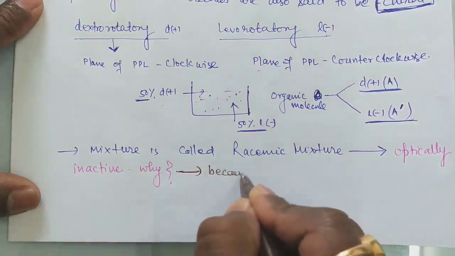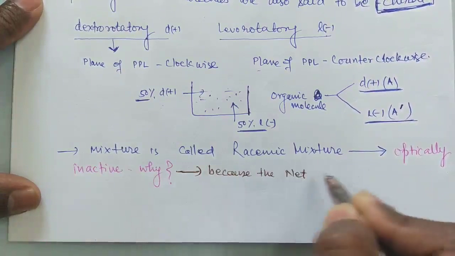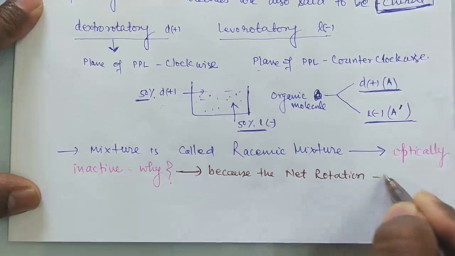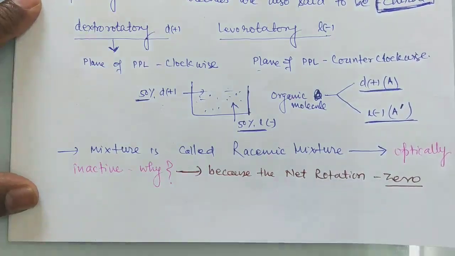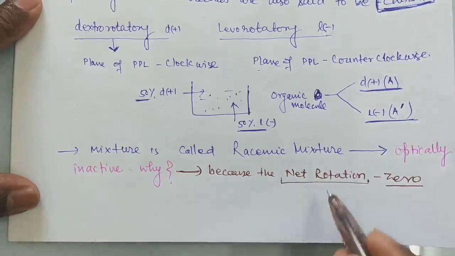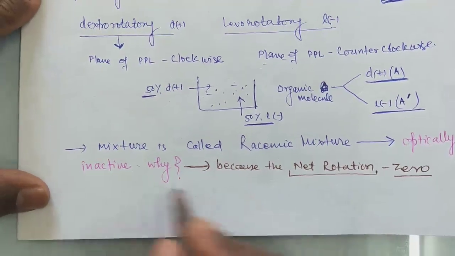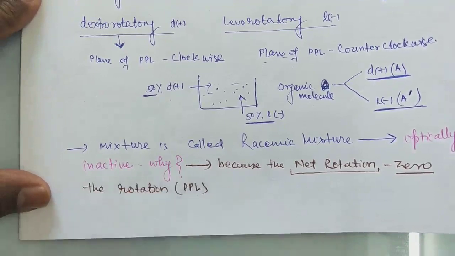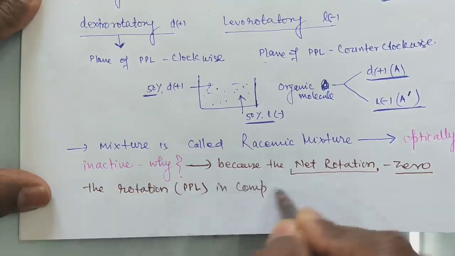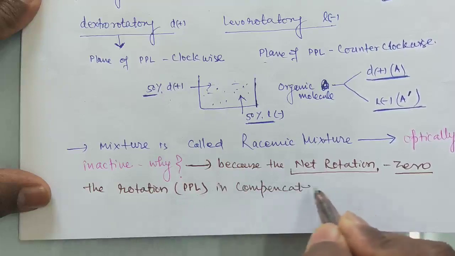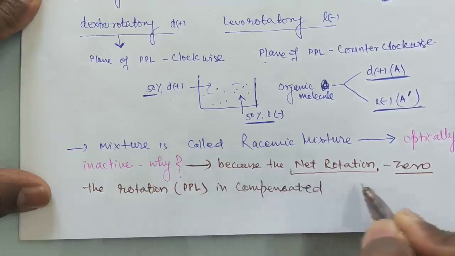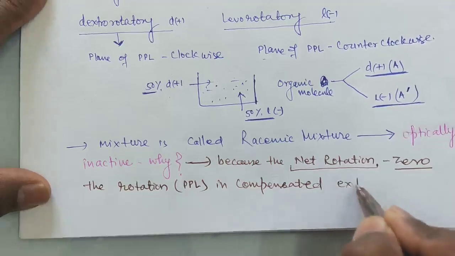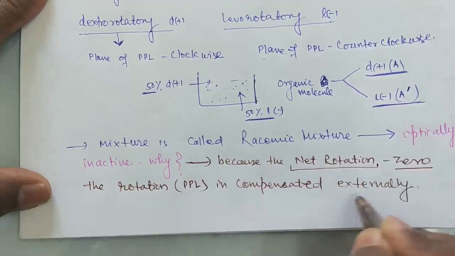So the net rotation is 0. Why? Because 50% of molecules rotate clockwise and 50% counterclockwise, so the rotation of plane polarized light is compensated externally, right?